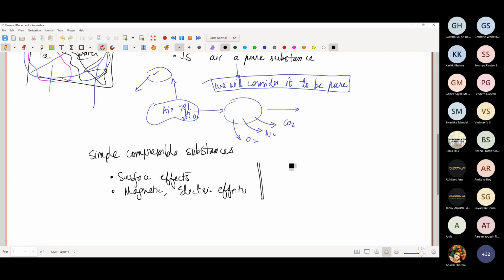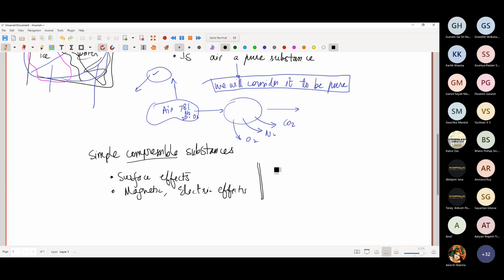The most significant thing will be due to compression. So that is why this compressible substance is there. Okay, things on which only pressure can act and exert an influence.